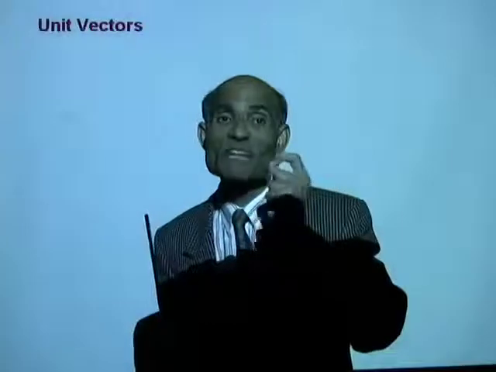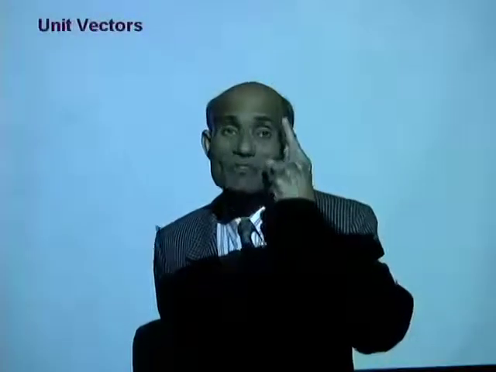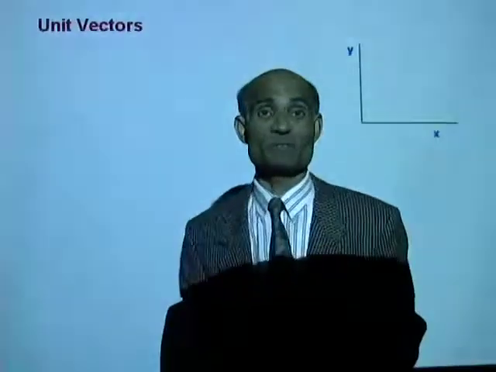Okay, let's move on. Let's now introduce the concept of unit vector. What is a unit vector? A unit vector is a vector of magnitude 1. That's why it's called a unit vector.